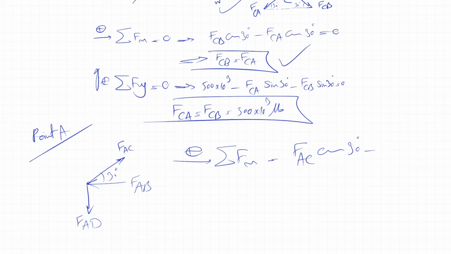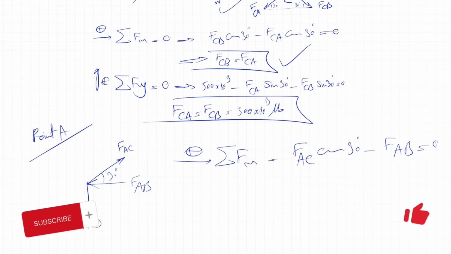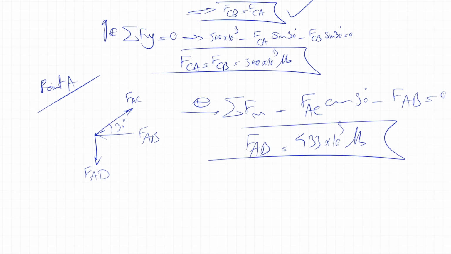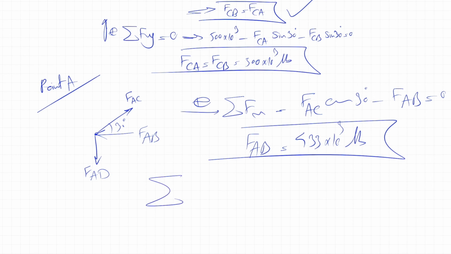And the rest is our Fx and Fy equations. So we'll have positive again to the right, we'll have FAC cosine of 30 minus FAB, and from here we can find FAB, which will be 433,000 pounds.